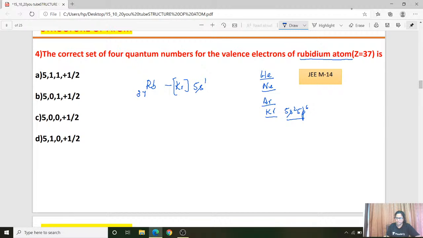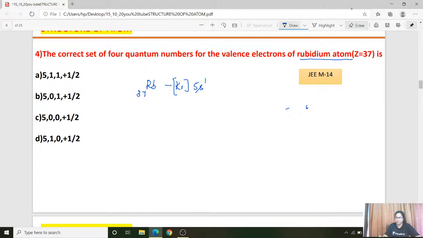Therefore, this will be 37, that means krypton 36 and 5s1. I hope I am making it clear. So 36 and 1, 37.